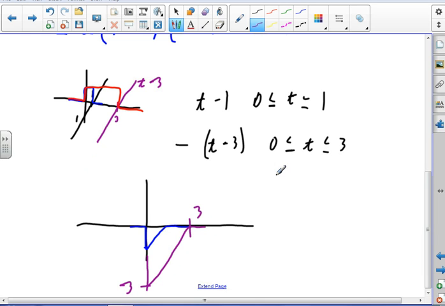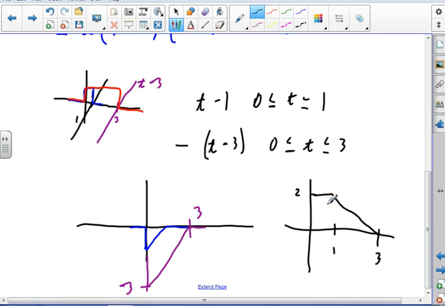The second guy is subtracted, so it's got to go up on top. Okay, final answer for my graph. The guy on top is doing this, but I'm subtracting something that's doing that. So it's going to be at 2 until I get out to 1, and then it's going to come down like that until I get out to 3. Okay, so now I've found the Laplace transform, and I have graphed the function, even though I really didn't want to.